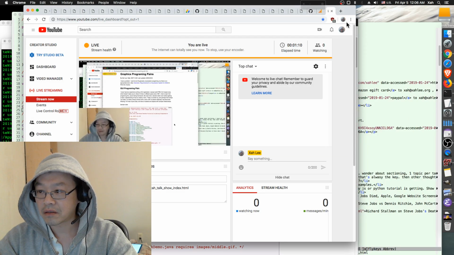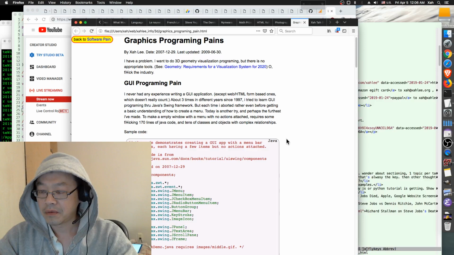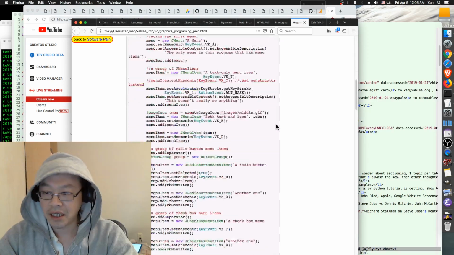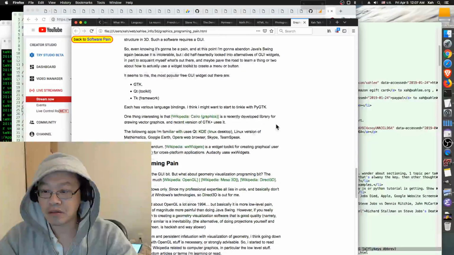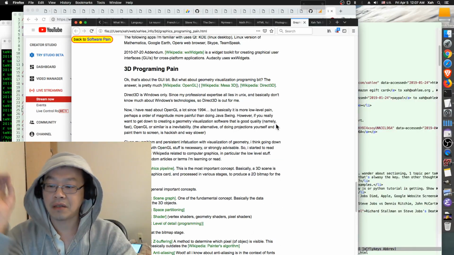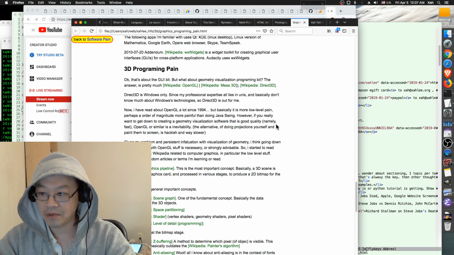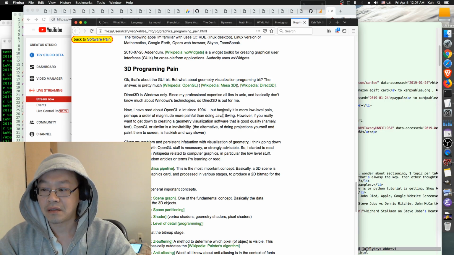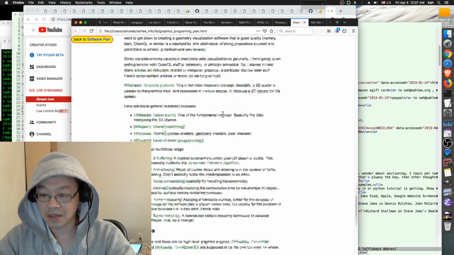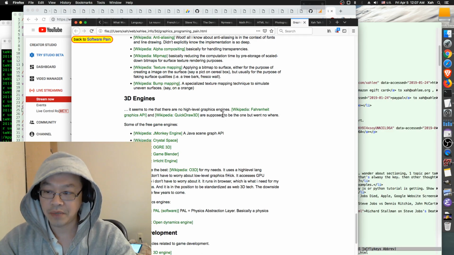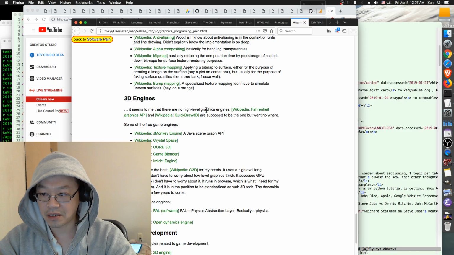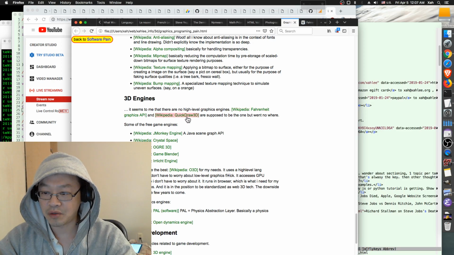However, there is a good design that failed basically. That good design, a replacement of OpenGL, is the Fahrenheit graphics API and QuickDraw 3D.